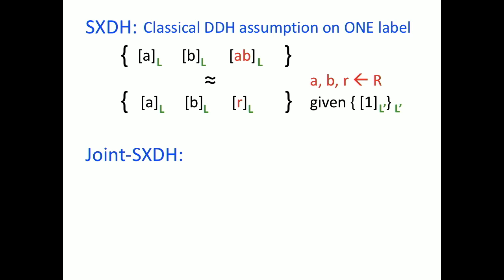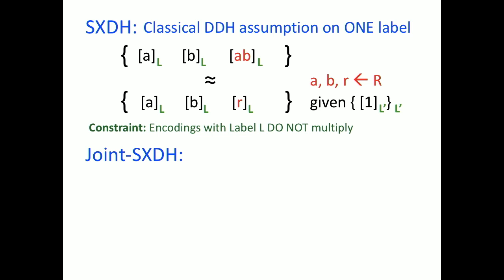Then take the encoding of A, B and the encoding of 1 under L, and pair them together to get another encoding of AB. You can compare whether they're the same, and this way you can easily distinguish those two distributions. Therefore, the constraint is that encodings with label L do not multiply with itself. If this constraint holds, then this assumption possibly holds.